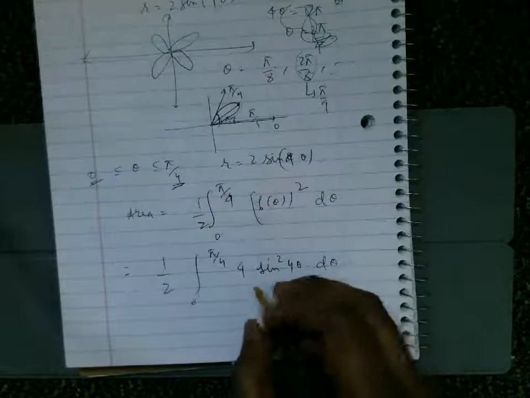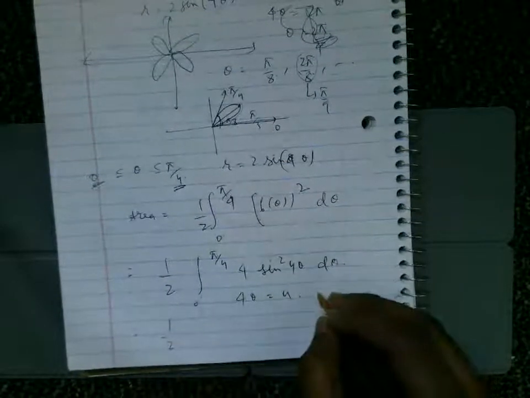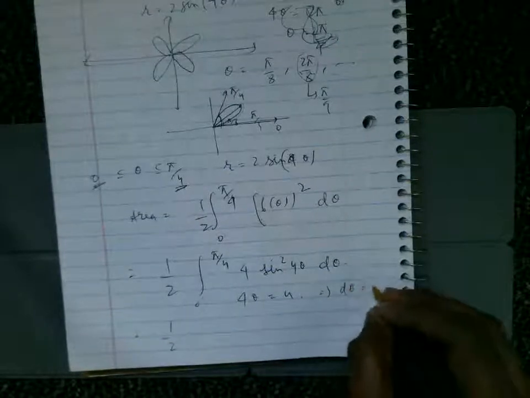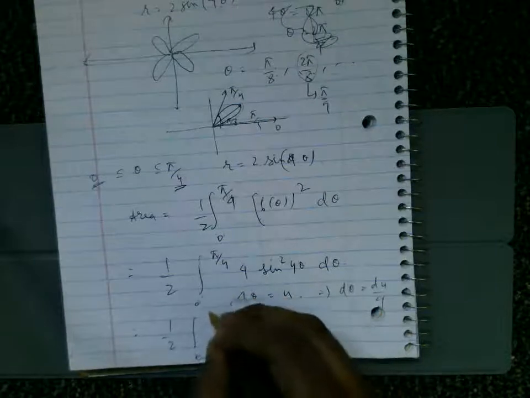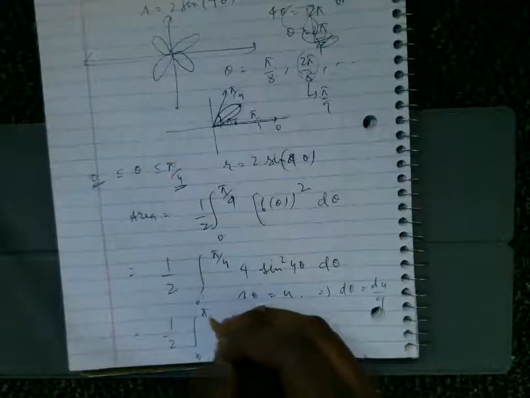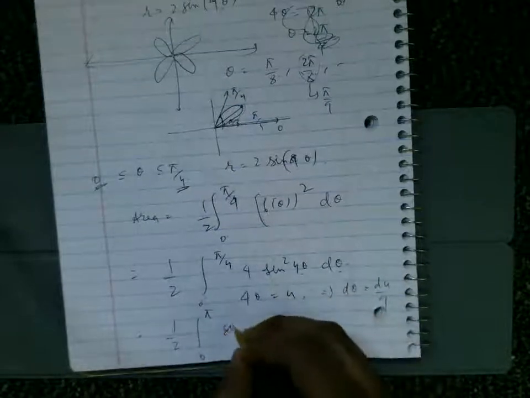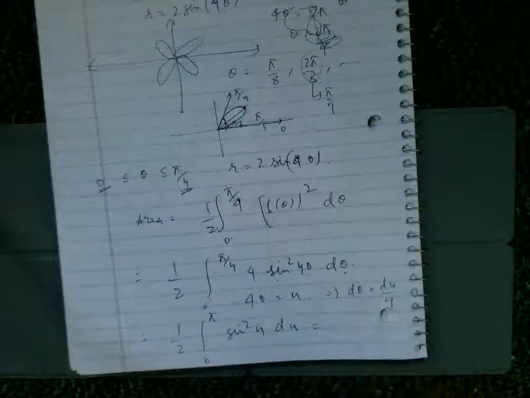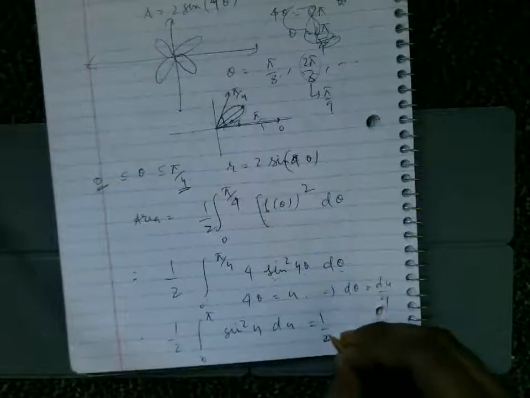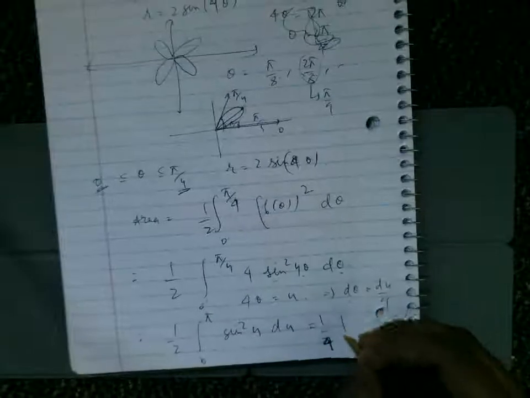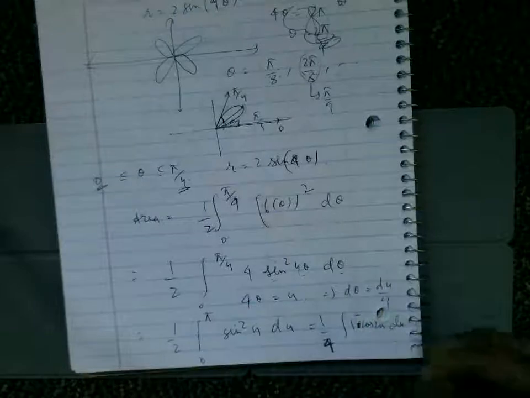So now all you need to do is let 4 theta is equal to u. So d theta is du by 4. So this becomes the integral from 0 to pi, with the 4 times d theta becoming du, and sine square 4 theta becomes sine square u. So this is half times, the integration of sine square u is 1 by 4 integration of 1 plus cos 2u, sorry, 1 minus cos 2u.